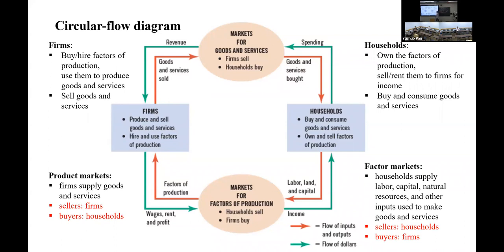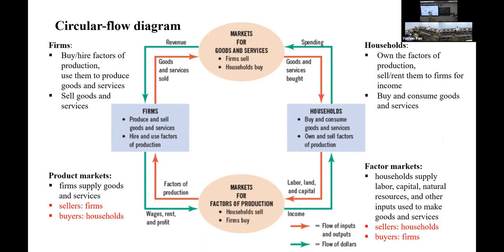I think the easier way to remember this model is to imagine yourself in the market. Imagine yourself as a household. This is the product market, and you go shopping. You need to buy food, services, restaurant meals, whatever.